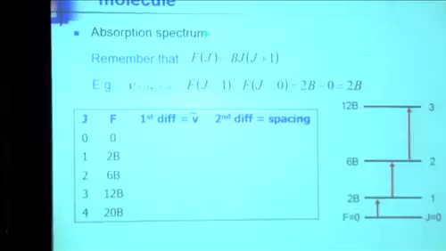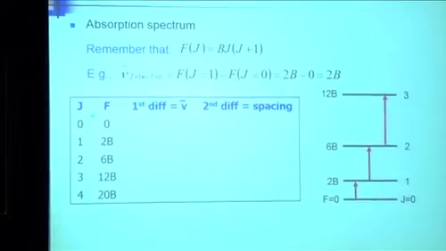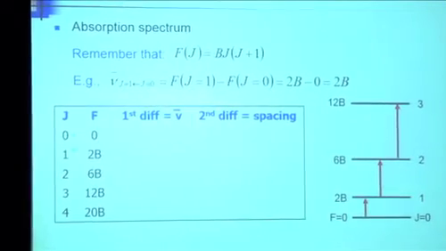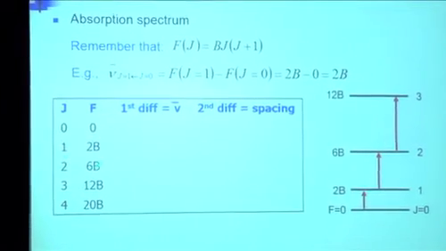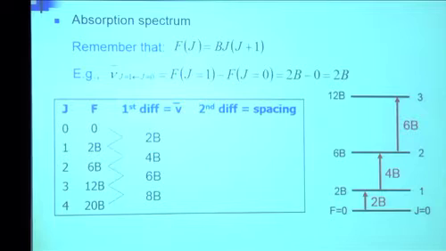If we have this equation and I take these differences, that's 2B. So for a given value of J, this is F. J of 1 is 2B, J of 2 is 6B, J of 3 is 12B, and so on. I can take what's called the first difference. Here's my F of 0, 1, 2, 3.